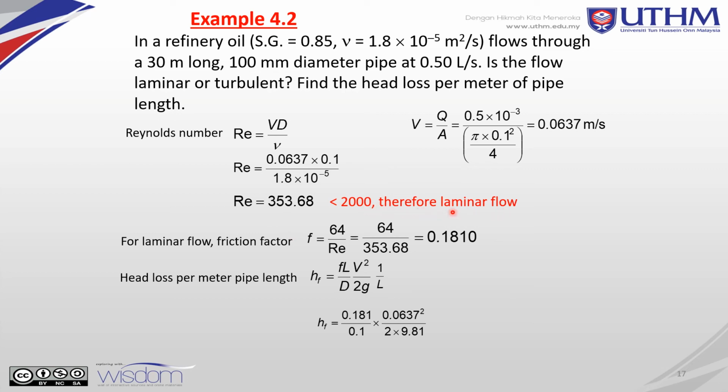Remember that this flow is laminar, so automatically you use this equation to get the friction factor F. You get 0.1810 for F. After we get F, you just put it into this equation for head loss per meter of pipe length, and we get HF of 3.74 times 10 to the power of -4 meter.